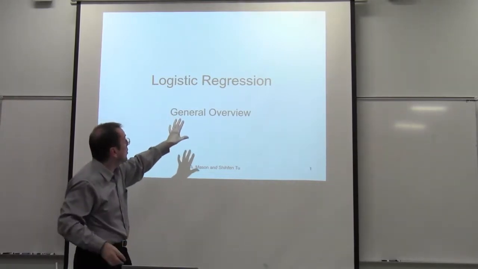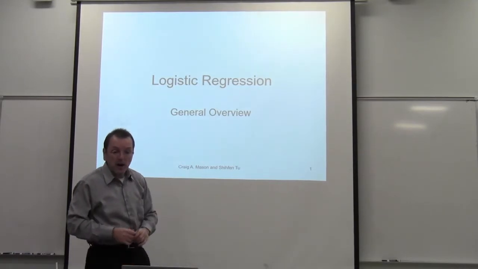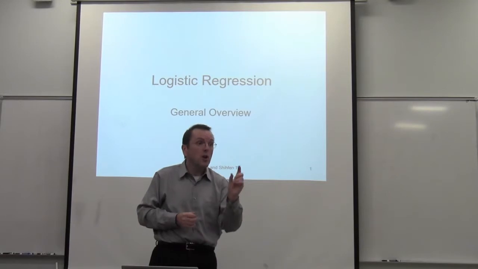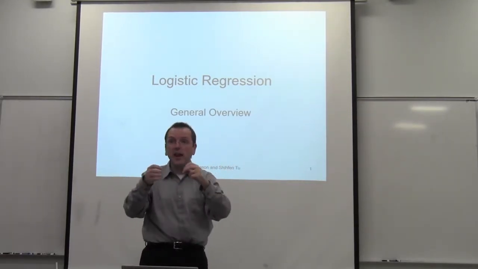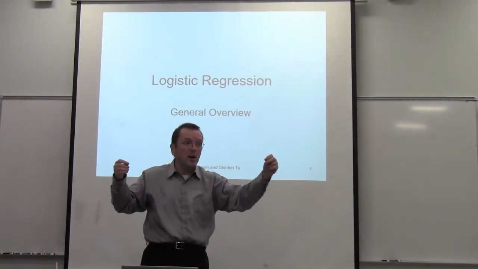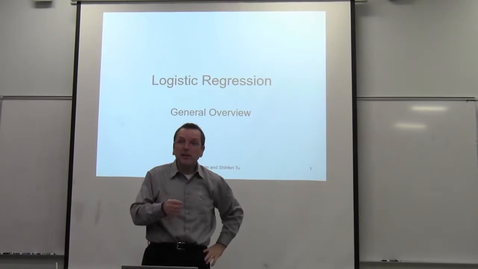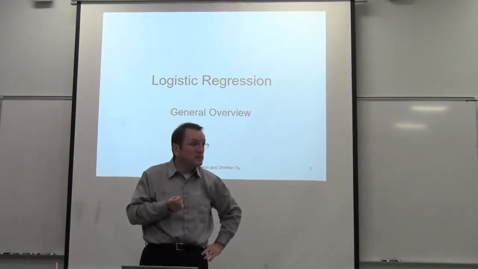A second door, another approach, is related to logistic regression, a situation where our outcome is no longer continuous. Notice everything we've looked at so far, we have an outcome measure that's a continuous variable. But there are things in life that are not continuous.